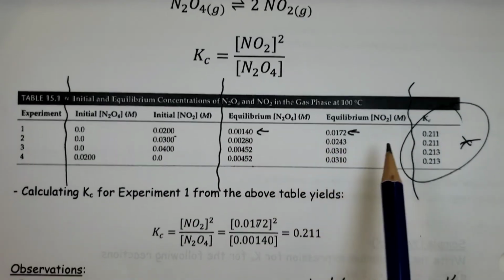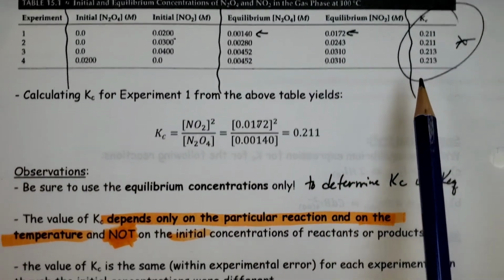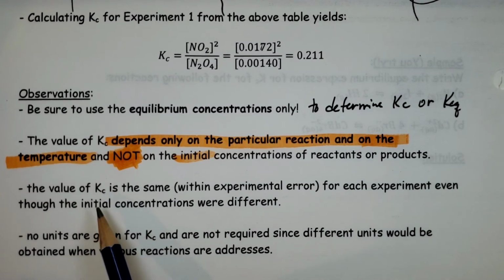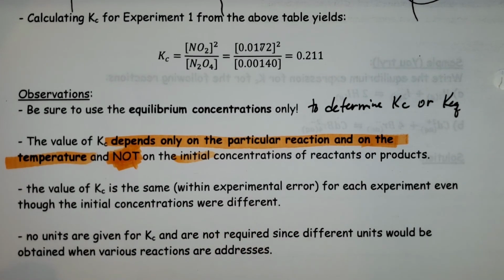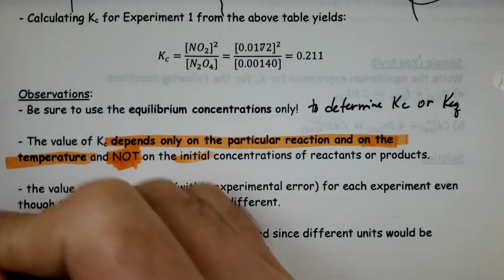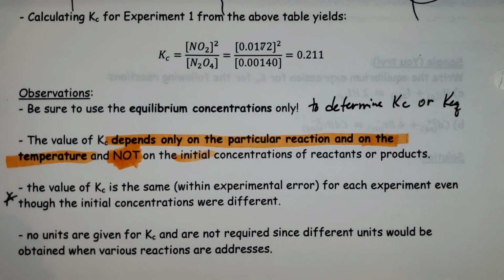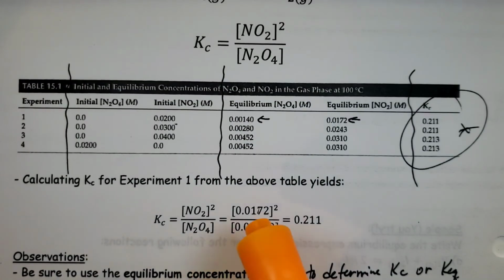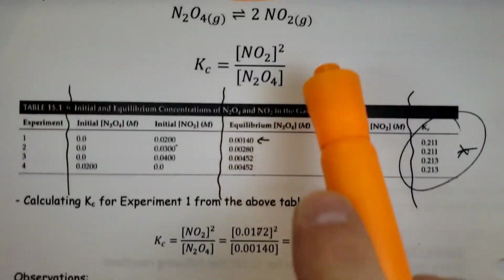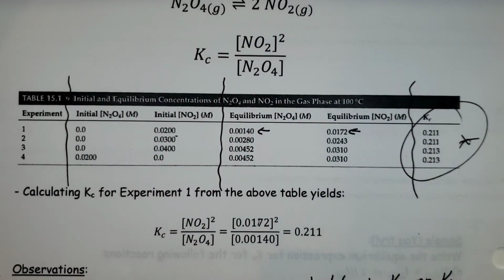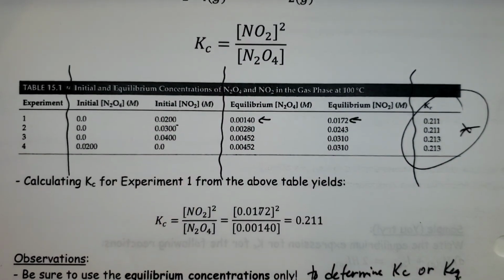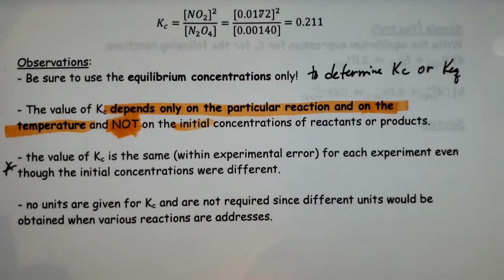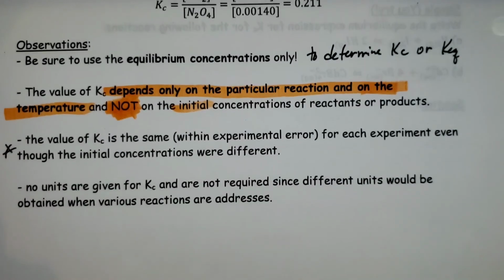It's the equilibrium concentrations that we use, and they give us our values. The value of Kc is the same for each experiment, even though initial concentrations were different. And lastly, we don't have to worry about a unit because each reaction will have a different unit depending upon what the KEQ looks like, how many reactants and products we have there. So no units.